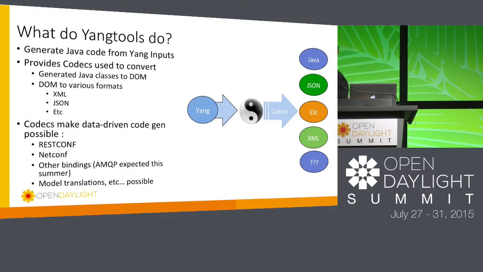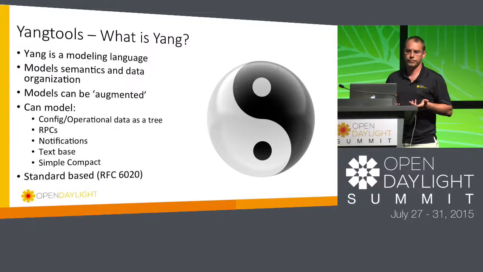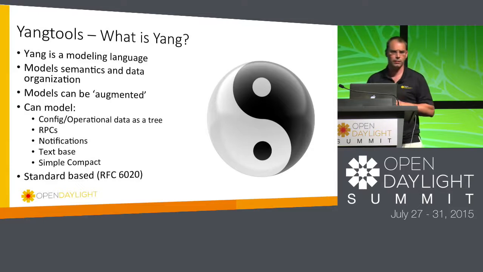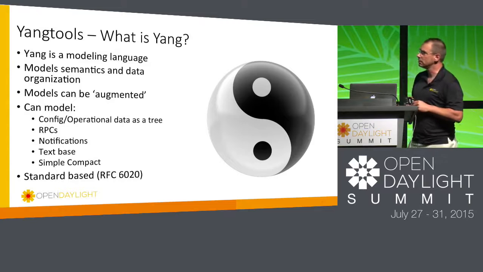Conceptually, Yang tools in ODL generate Java code from Yang inputs. The data is modeled in a config tree and an operational tree, effectively, although there are conversations about doing other kinds of subtrees. Yang provides a couple of other important functions.